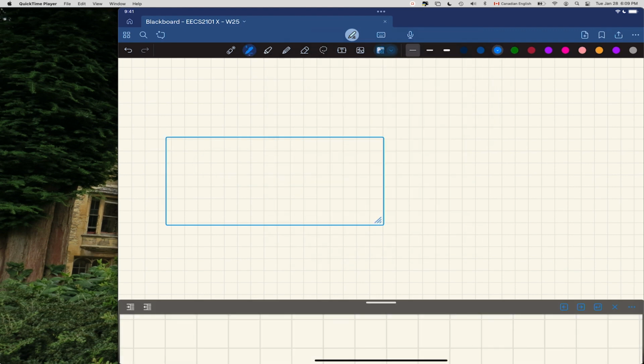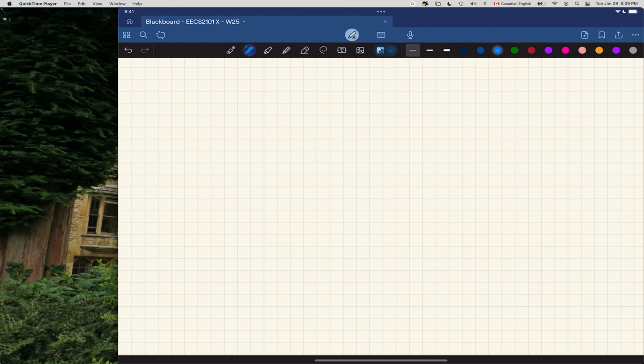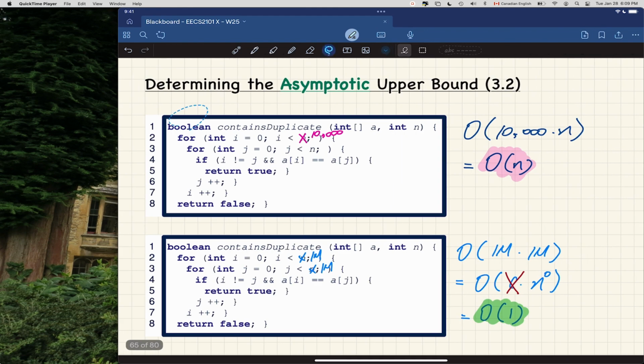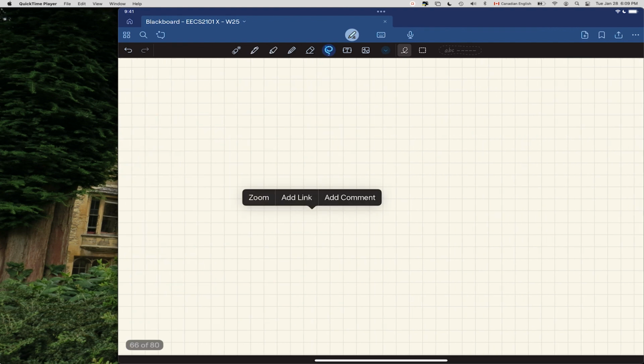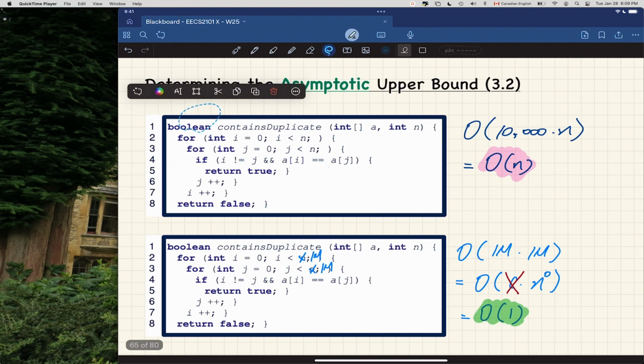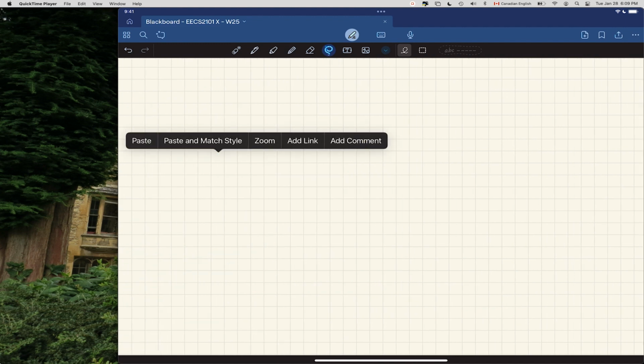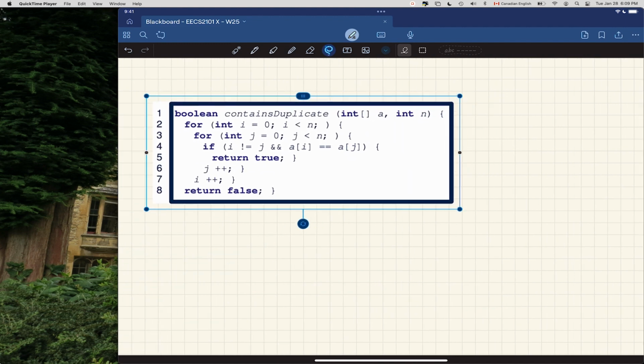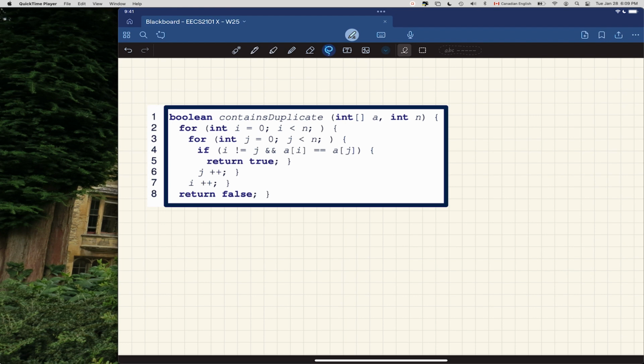Give me just one moment here. Let me close it. Let me copy it again. There we go. Okay, this one here. So let's say it still contains duplicates.